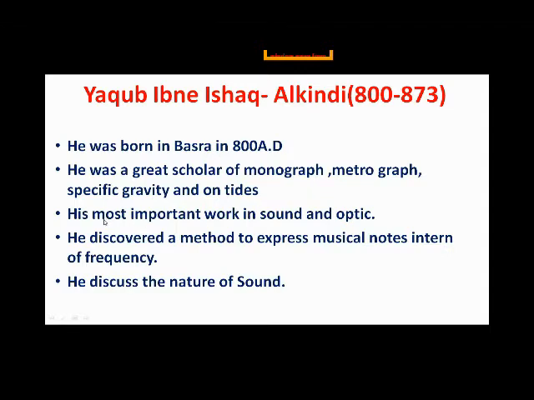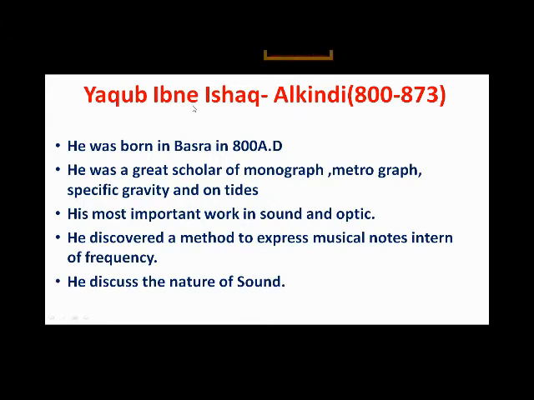Now, students, the next one: he also told us about his most important work in sound and optics. Nowadays, we look at the keyboard and different musical instruments. They have seven notes. So how are they arranged in ascending order?